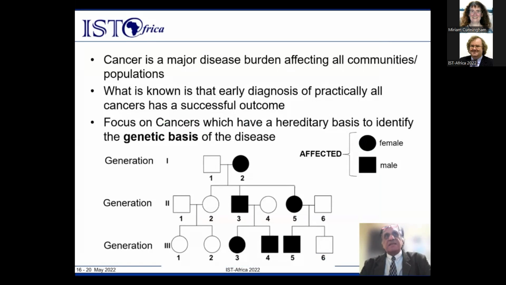So it's not a surprise then that we focus on cancers which have a hereditary basis to identify the genetic basis of the disease, in which case, as soon as we identify a mutation we know that passes on from one generation to the next, causing havoc as it goes through, we're able to predict, for example, the next generation, as is apparent in this slide showing individuals who are affected in every generation. For those individuals who are not yet affected, we can actually do a genetic test and determine whether they're likely to have inherited the disease-causing mutation.